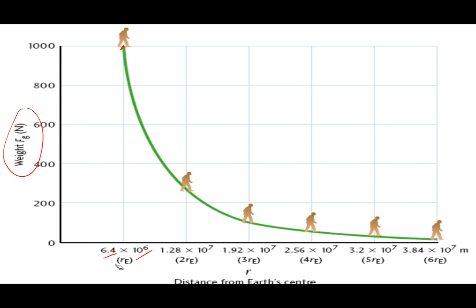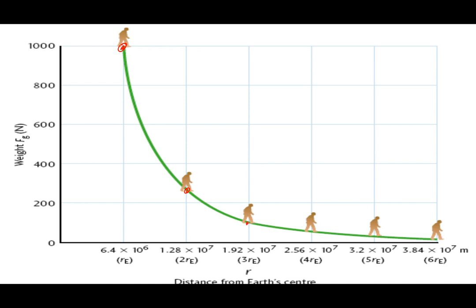It's actually an inverse squared relationship. If you know that in functions, it's like 1 over r squared, where r is your distance away. So if you're 1,000 newtons of weight at the surface of the Earth, then at double the radius of the Earth, so 2 Earth radii, you're going to drop all the way down to almost 200 newtons.